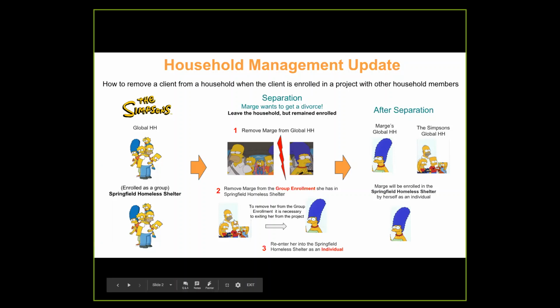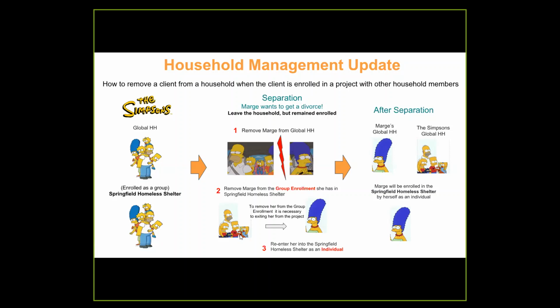Another thing that is important to understand, and I want you to remember, is that it is not enough to only remove the client from the global household. We also need to remove the client from all the group enrollments that the client has with the rest of the members.